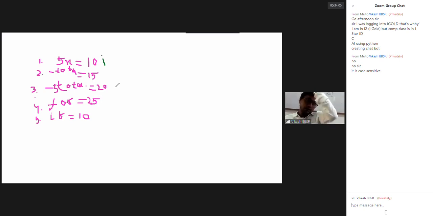Very good. The first character should not be a digit. Already I have told. If you want to correct it, you may write x5 equal to 10. No problem.